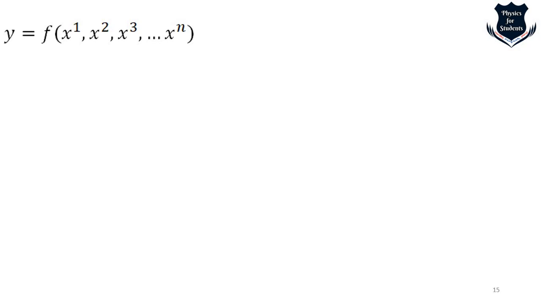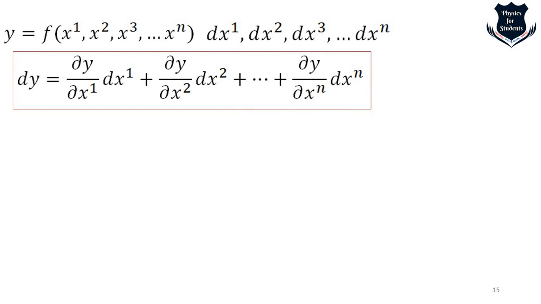Now say for example, if in general you are given a smooth function y equals f of x1, x2, up to xn, the incremental change dy in the variable y, which results from incremental changes dx1, dx2, up to dxn, is given by this, right? So here dy is basically a scalar quantity.